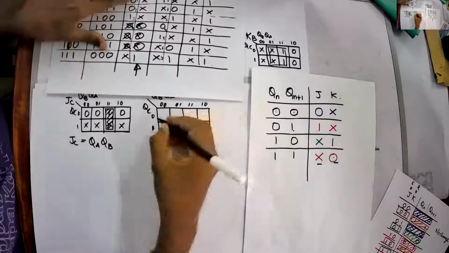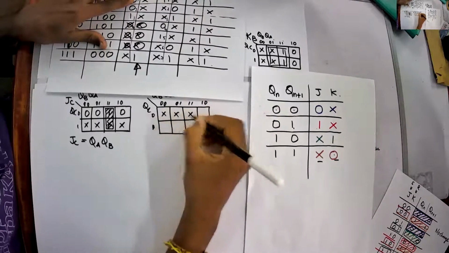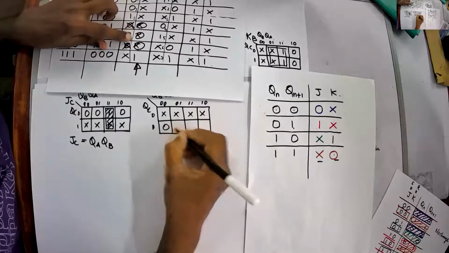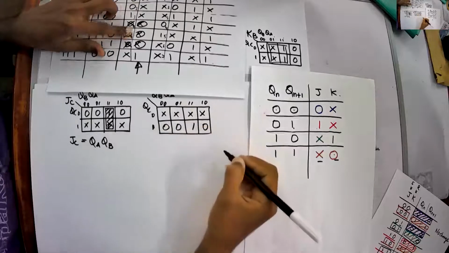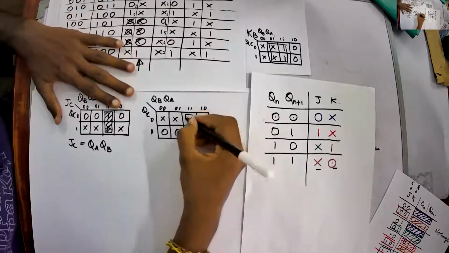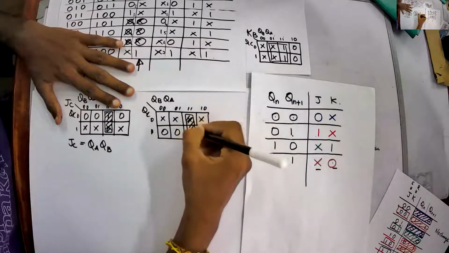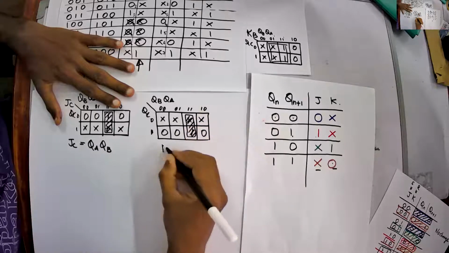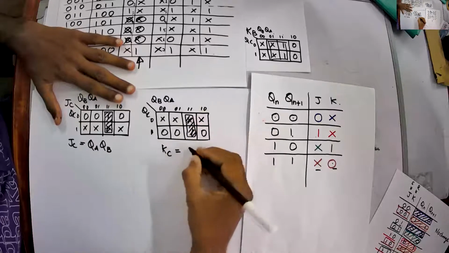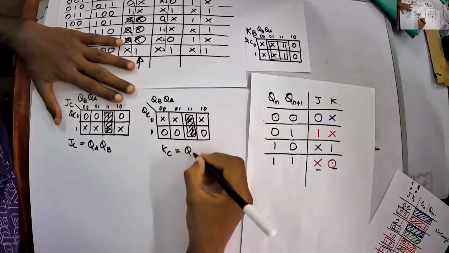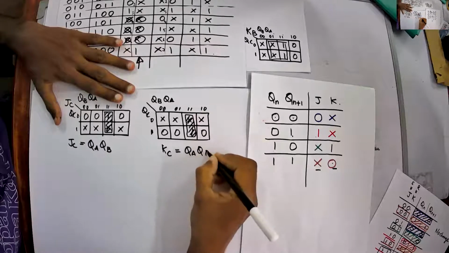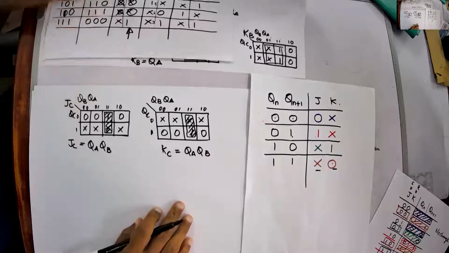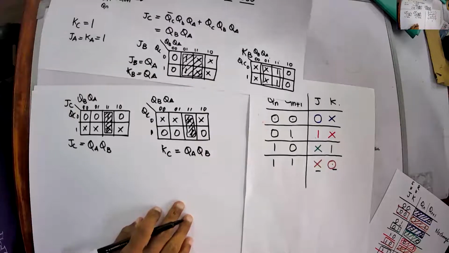See here: don't care, don't care, don't care, don't care, 0, 0, 0, 1. And similarly, I'm going to have the same thing. So my KC equals again QA, QB. Clear? So I can write that.